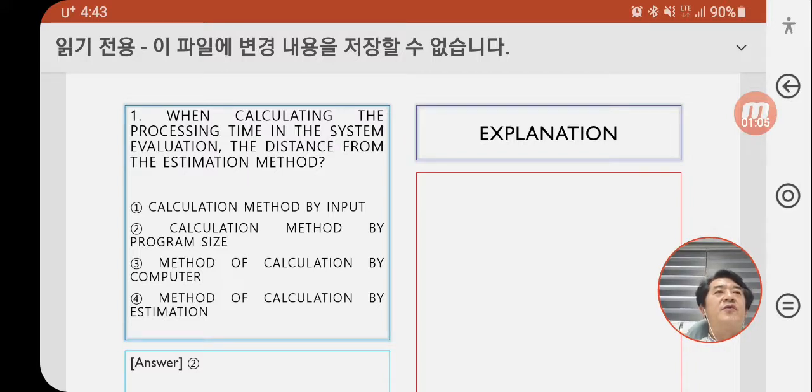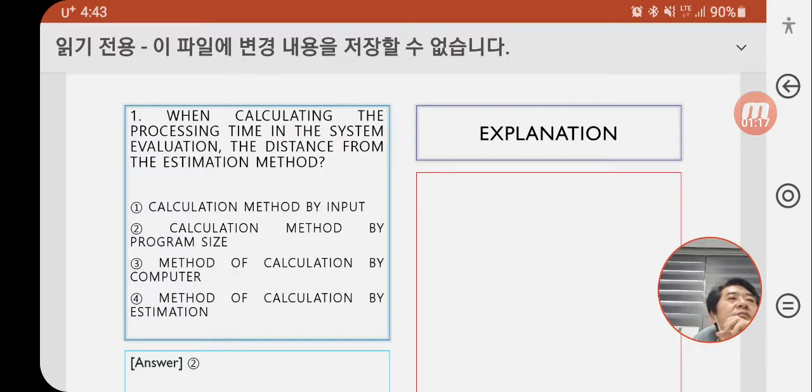Number 4, method of calculation by estimation. Which is not correct? The correct answer is number 2. Program size is not considered.